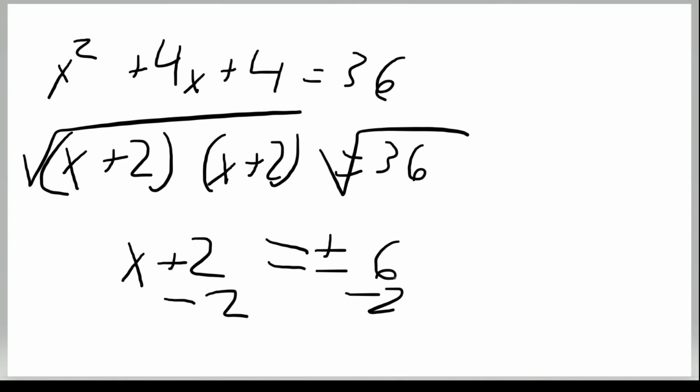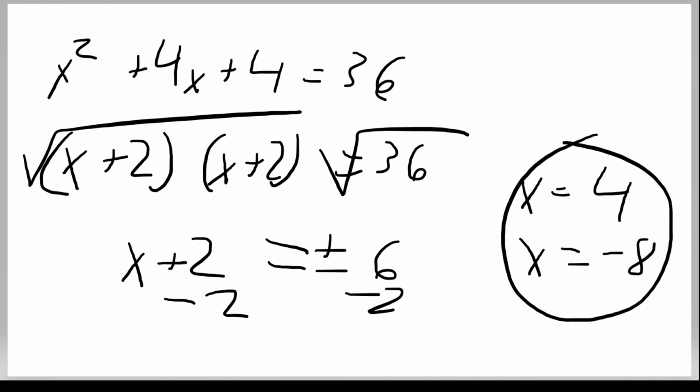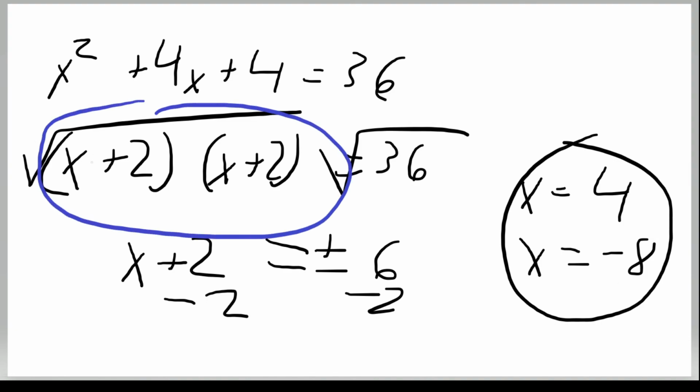Now 6 minus 2 is going to be x equals 4. And then negative 6 plus negative 2 equals negative 8. So these are your two solutions after factoring right here, and then taking the square roots here.